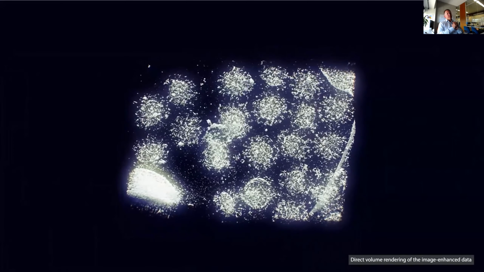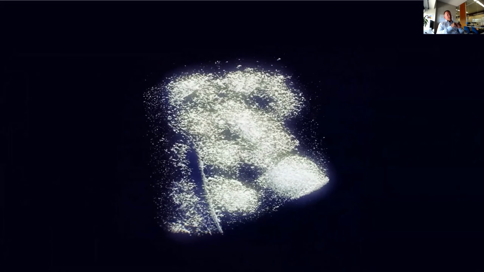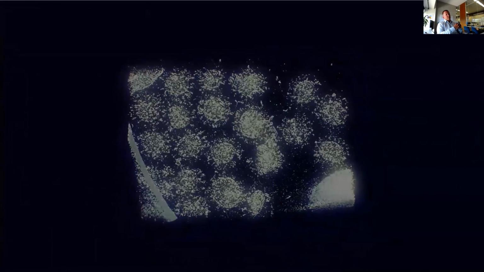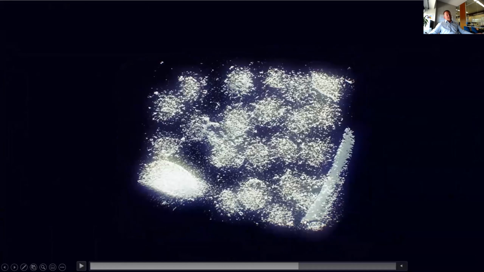After the image enhancement, by suppressing the noise and by binning, meaning heavily making the resolution smaller and smaller, you can see that this creates a little bit more denoised representation. And this is as far as we can get with the volume rendering. We can see maybe some specimen there, but unfortunately there is still a lot of noise present. It's not very crisp.